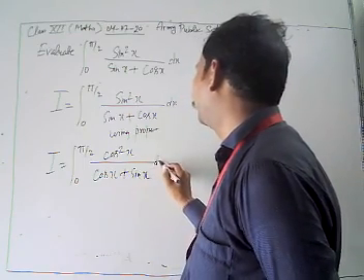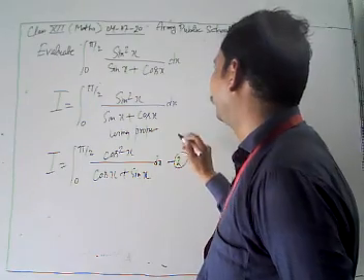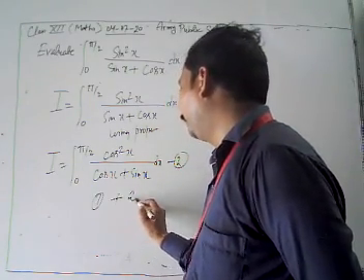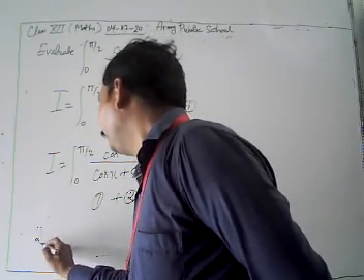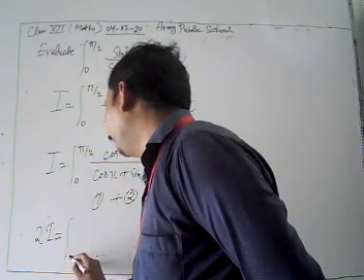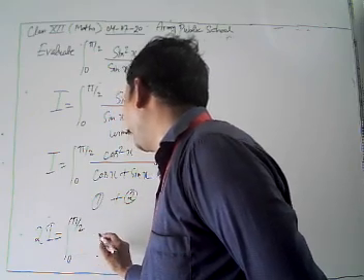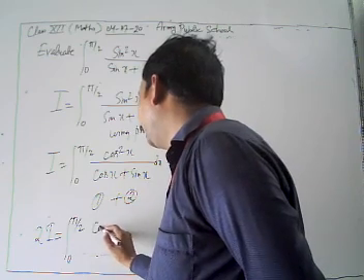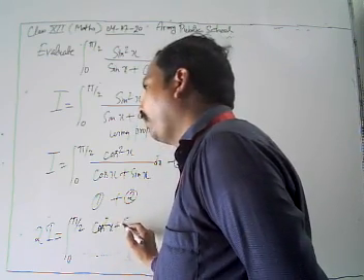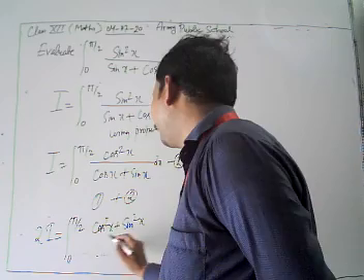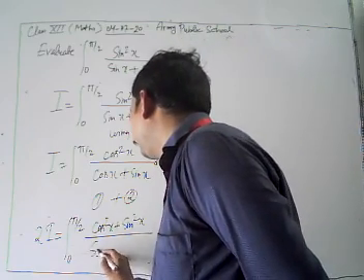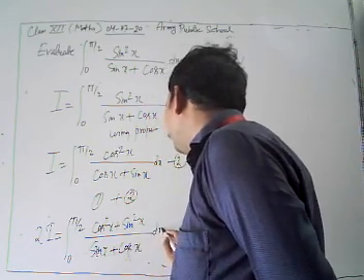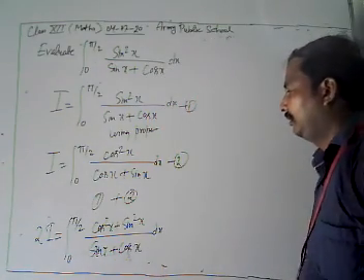Now look, we take this equation number 2, we take it 1, adding equation 1 and 2, and what we have? We have 2I is equal to 0 to pi by 2 cos square x plus sin square x upon sin x plus cos x dx.